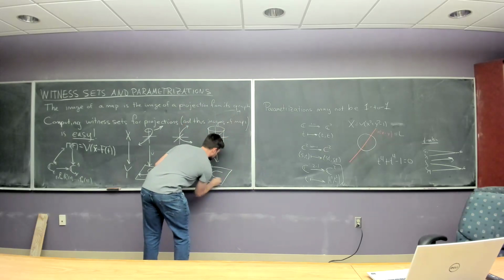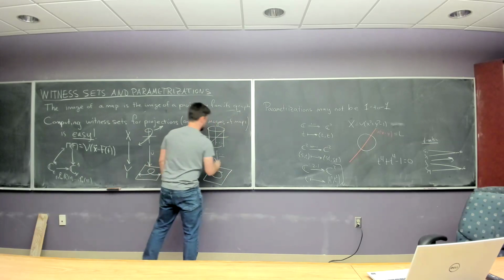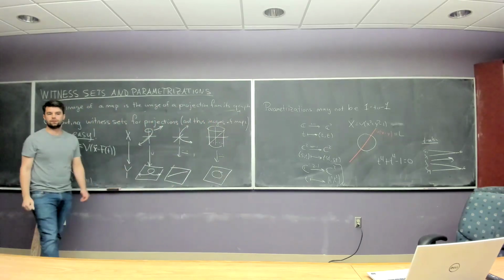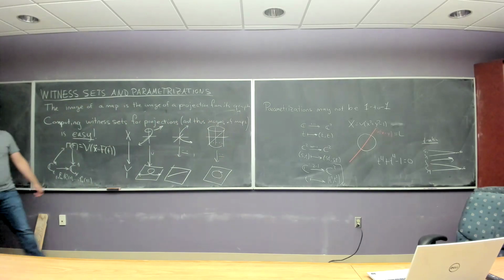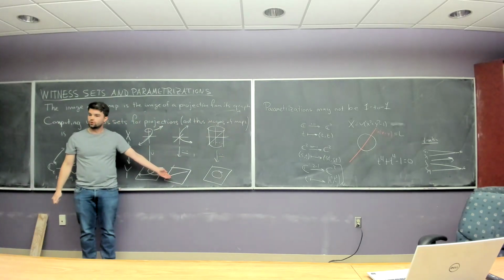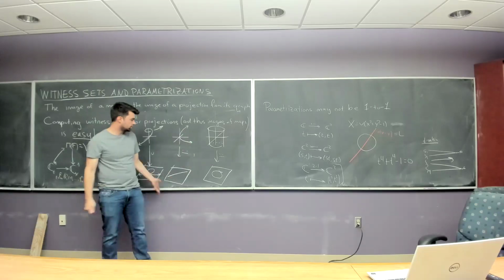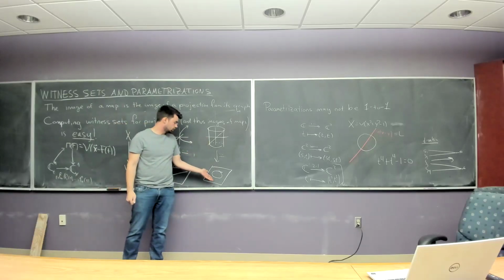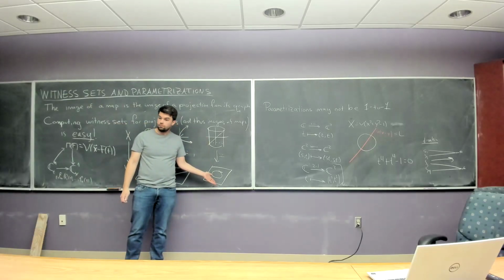And there are projections like this, and these will actually be okay with. Pretty much 1-to-1, some number to 1, finite to 1, and then infinite to 1.